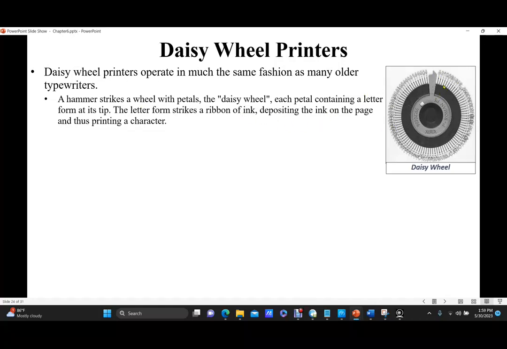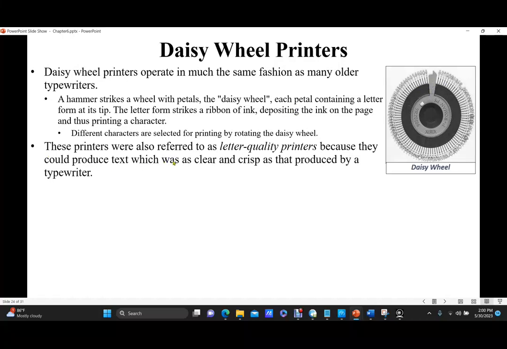When the hammer hits, the petal goes forward, pushing an ink ribbon against the page, printing the character on the petal. Different characters are selected by rotating the wheel to bring the desired character to the top so that when the hammer goes forward, it hits the correct petal.